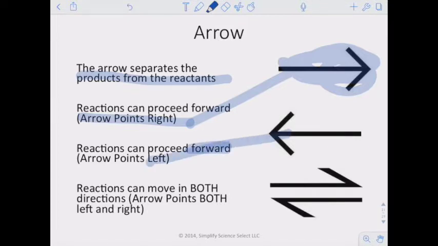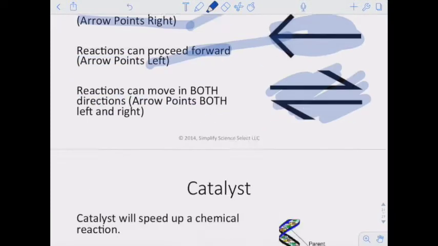And so that would be our reverse arrow here. And then reactions can move in both directions. Arrows point both left and right. And so that would be a reaction that's going back and forth. And so we have all these arrows showing where the reaction is taking place.